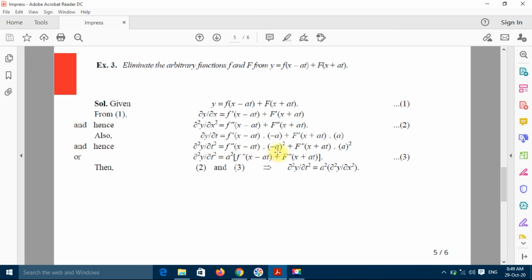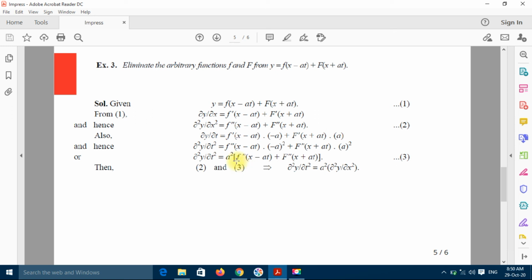If we take a² outside from this equation, meaning the right hand side of ∂²y/∂t², then it becomes a²[f''(x − at) + F''(x + at)].